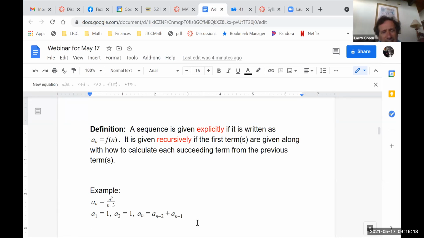By the way, do you think this recursive sequence can be written explicitly? Do you think there's a function, like I have, like it's not n squared over n plus 3, but do you think there is a function that you can write?